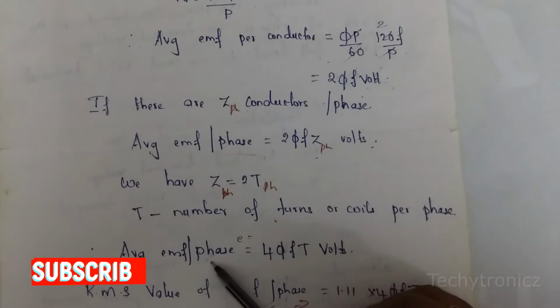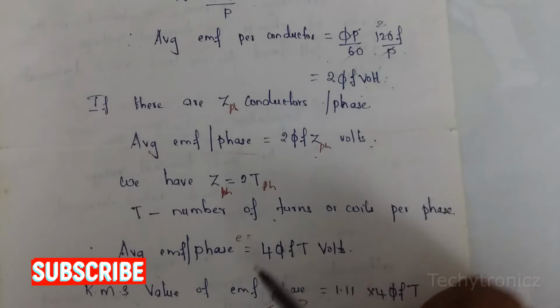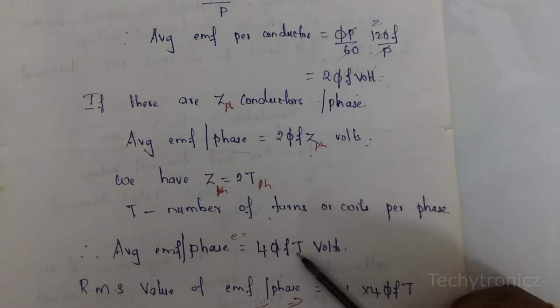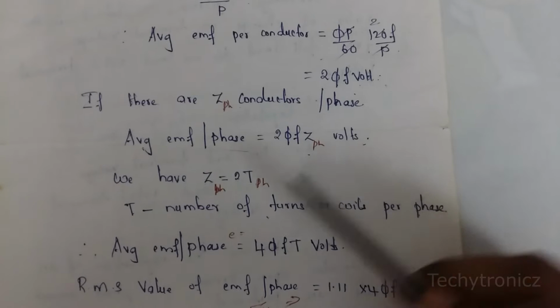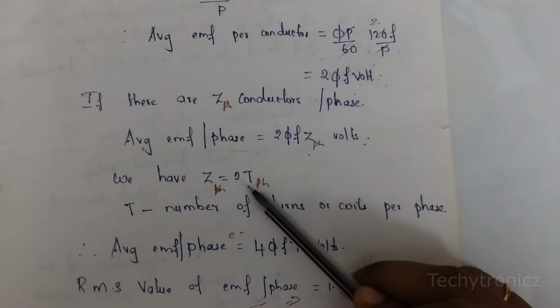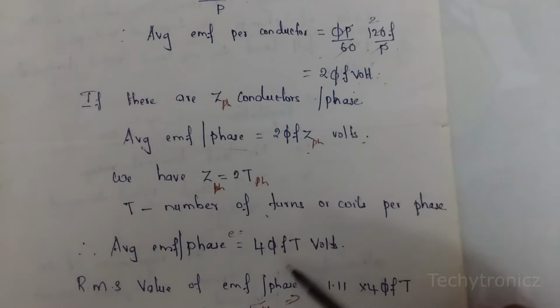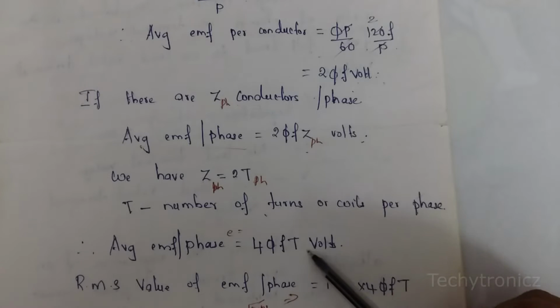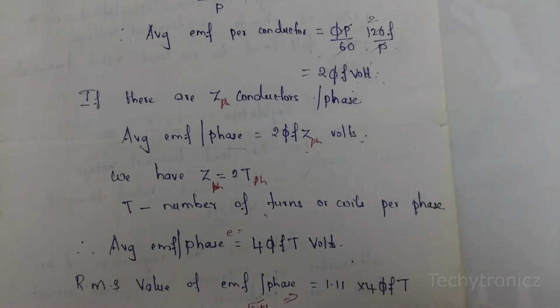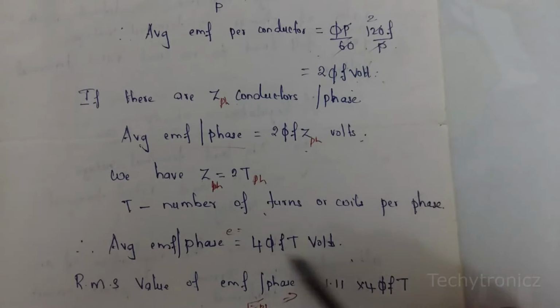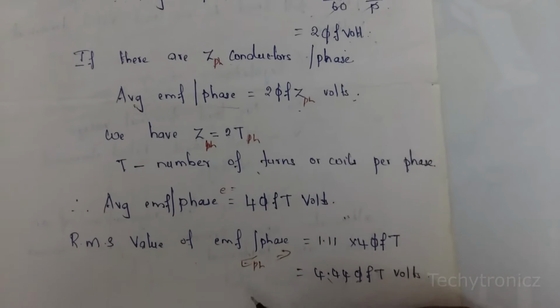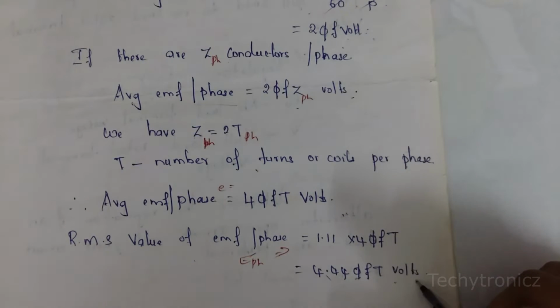Therefore the average EMF per phase is E = 4φfT volts. So the RMS value of EMF per phase is 1.11 times this value. Therefore the RMS value of EMF is 4.44φfT volts.